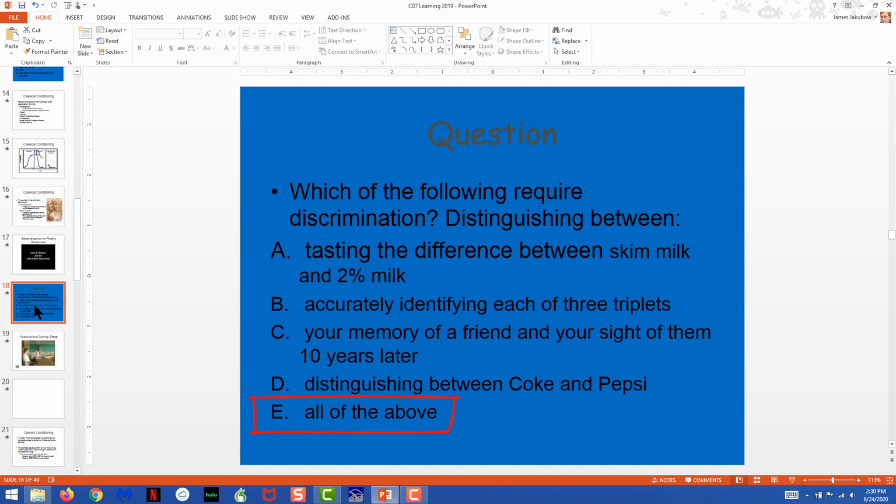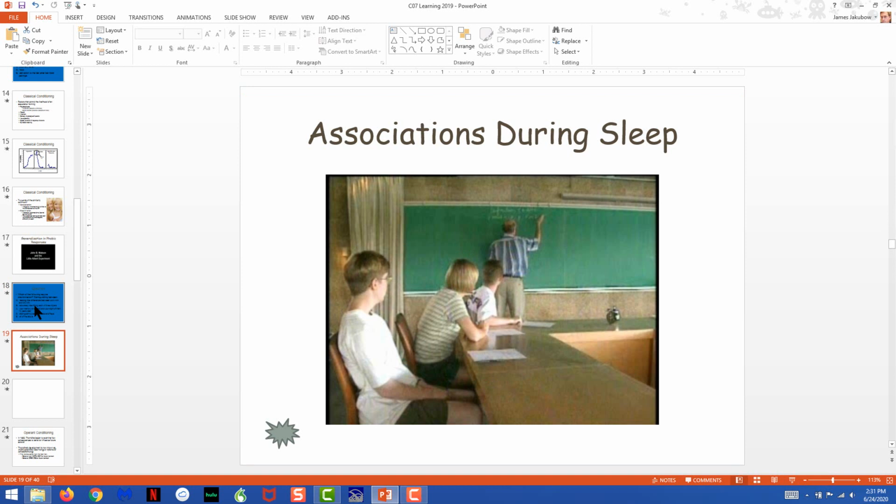In some cases, an individual will change so much in the 10 years after high school that you will not recognize them at all. And of course, distinguishing between Coke and Pepsi, which was an old commercial back from the 1970s. Now, there is another extension of the work that we've been involved with here.